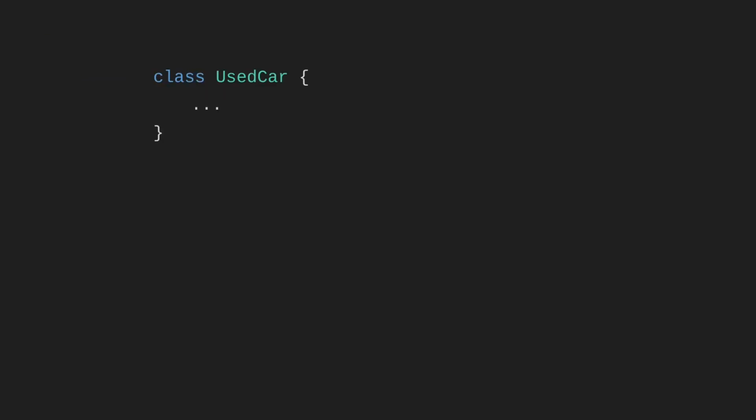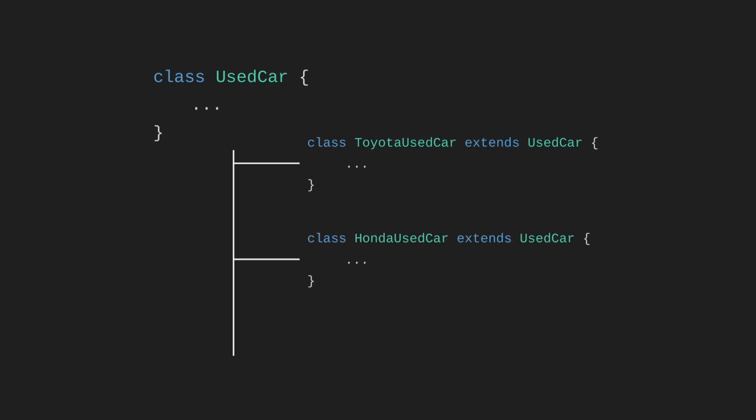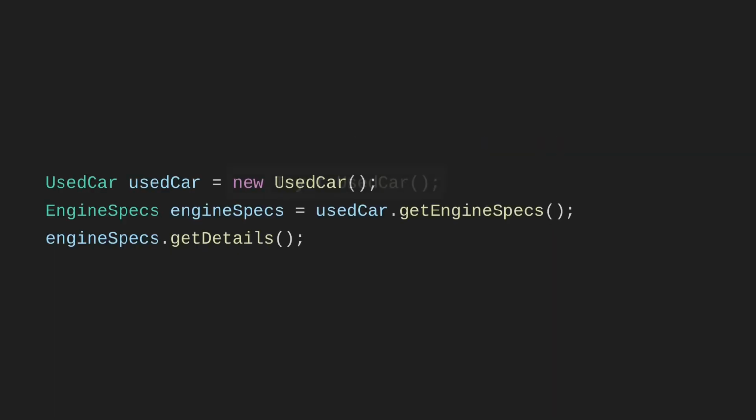Several classes are extending from this base class, like Toyota used car, Honda used car, Suzuki used car, etc. If we replace used car object with any of these classes, then nothing will break, since they all are subtypes. They all behave the same as the parent class and add their functionality on top of that. They are perfectly following the Liskov substitution principle.